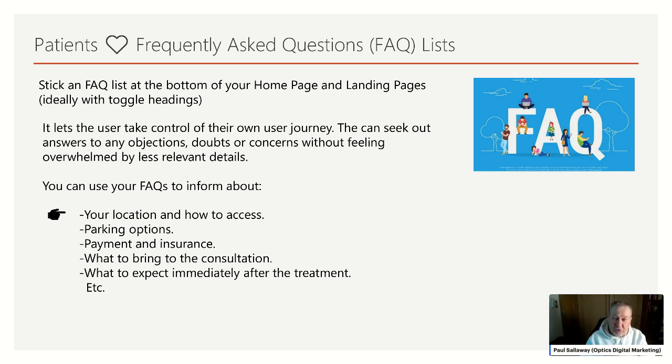I think these are really good because it puts the user in the driver's seat, and they're in control of their own journey. So they can seek answers to any objections, doubts, concerns they have without worrying about less relevant details. So it doesn't feel as overwhelming.